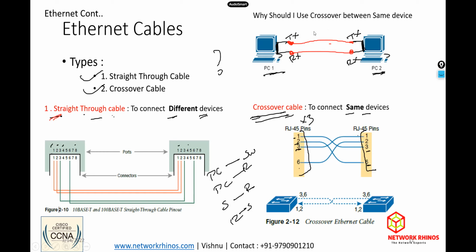That's why I'm going to use a crossover cable, so that this TX will go to this RX and this TX goes to this RX. Now it is right. Whatever I am sending, he should receive. Whatever he is sending, I should receive. That's the right answer. So we will be using crossover cable for same devices and straight through cable for different devices.